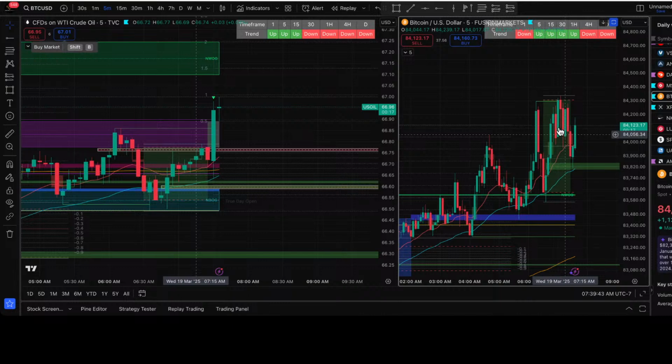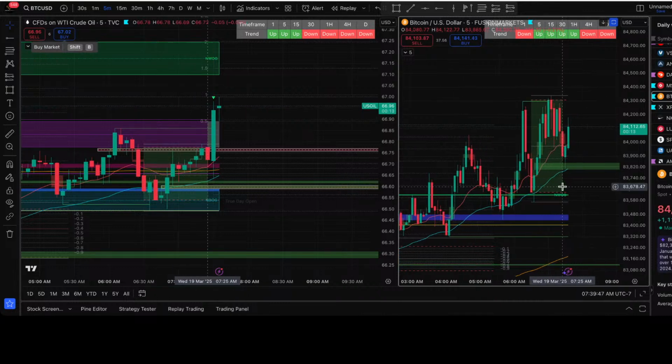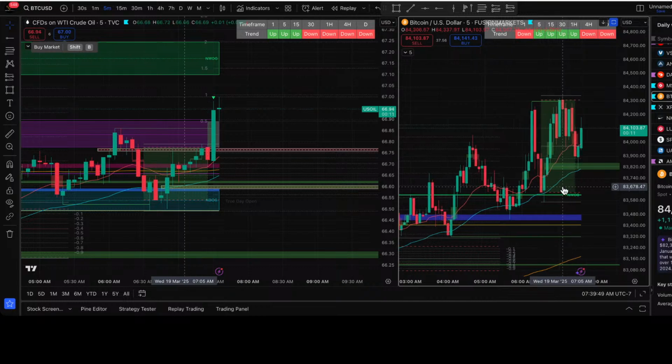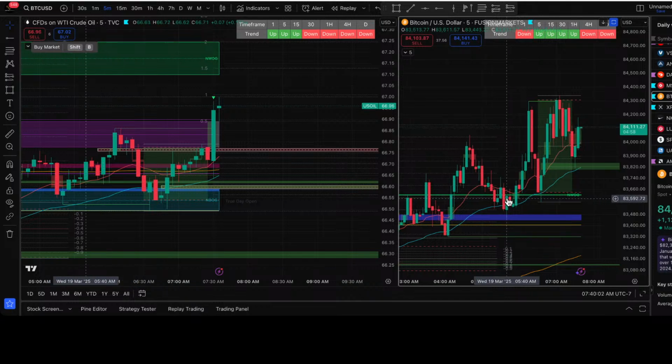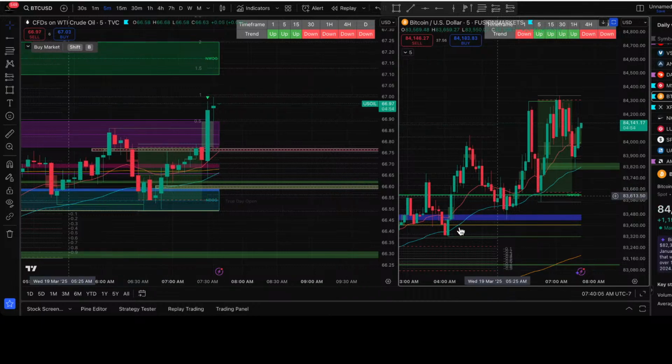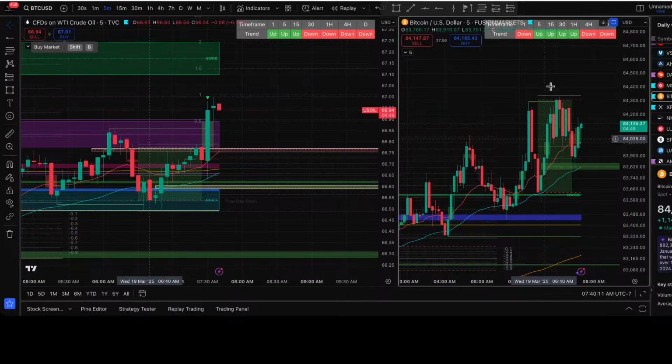Bitcoin manipulated up first, I believe. Hold on, where's the bottom of that manipulation zone? It's one of the reasons I like to turn those standard deviations off. It gets a little cluttered with a lot of lines. Oh, it's right here. So there's the bottom of the manipulation range. There's the top of it. So we manipulated up first.